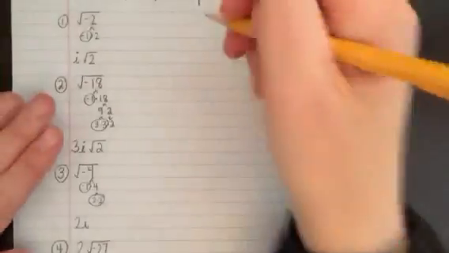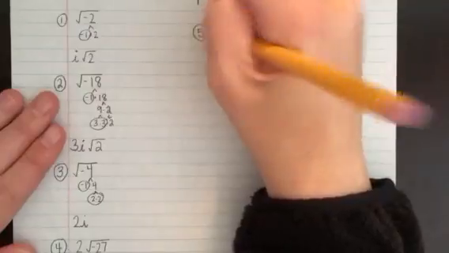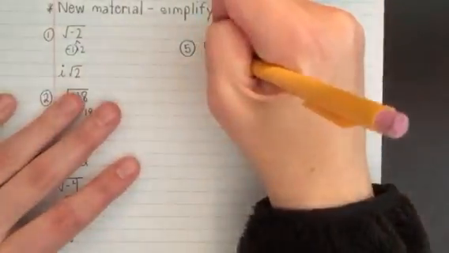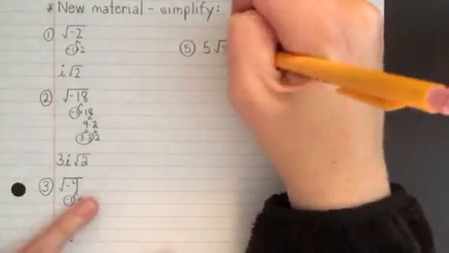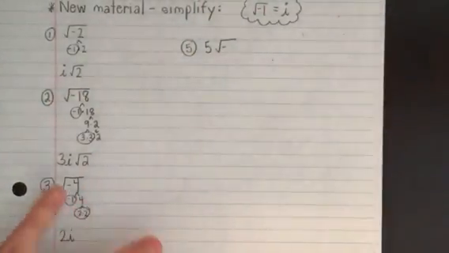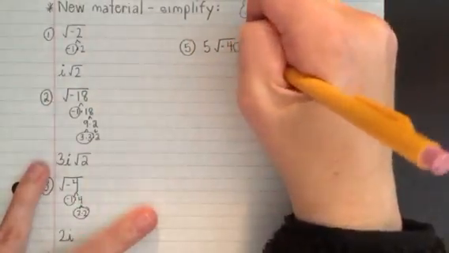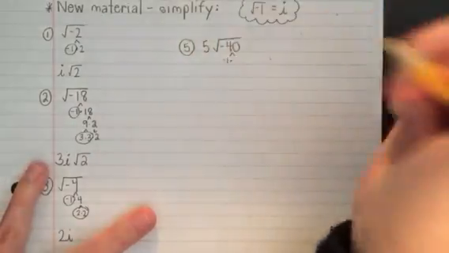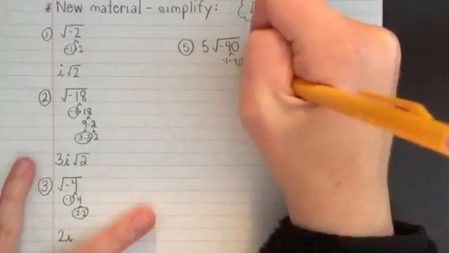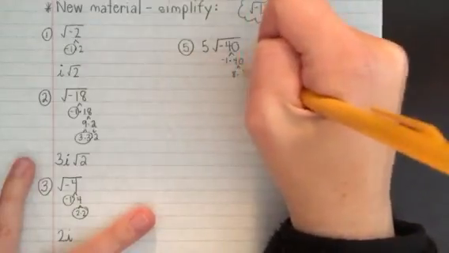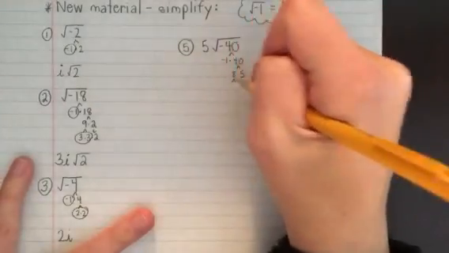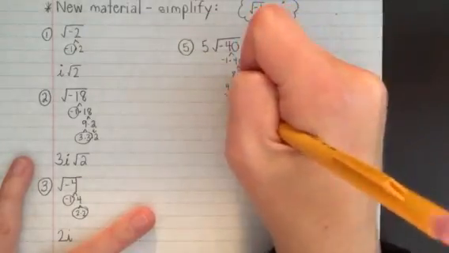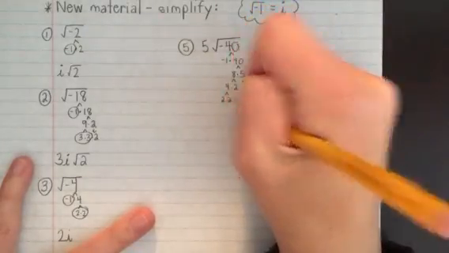Just a few more examples because I bet you're getting the hang of it by now. Number 5, 5 square root -40. So -1 times 40. 40 is 8 times 5. 8 is 4 times 2. 5 drags down. 4 is 2 times 2.